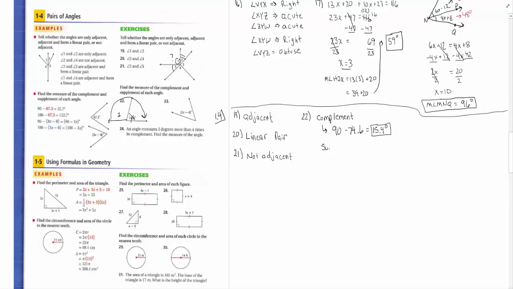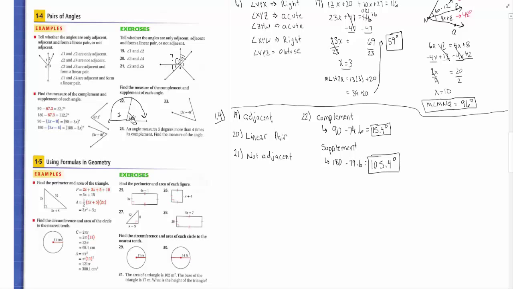So for the supplement, we're going to go 180 minus 74.6. So really it's the same process each time. It's just that one you're subtracting from 90, one from 180. That's the only difference. In this case, that would be 105.4 degrees.